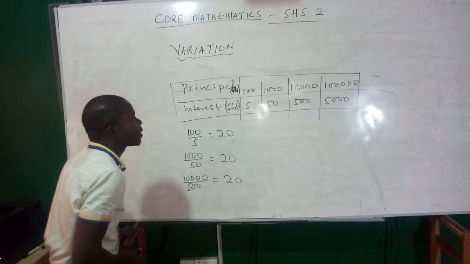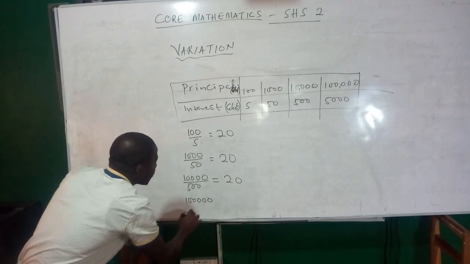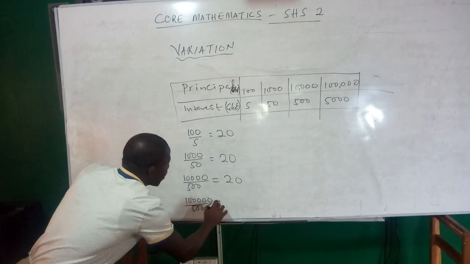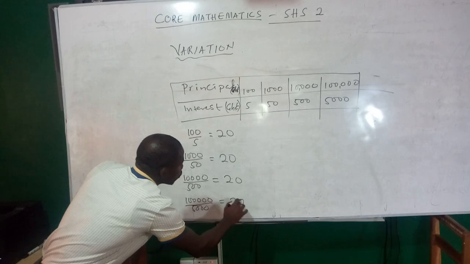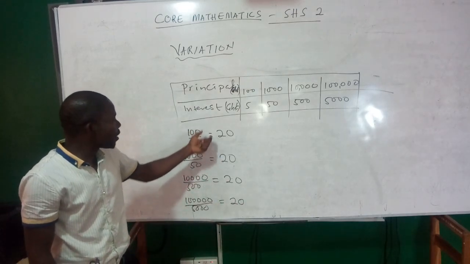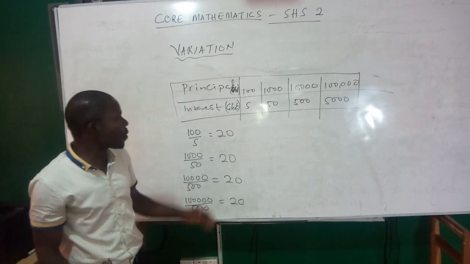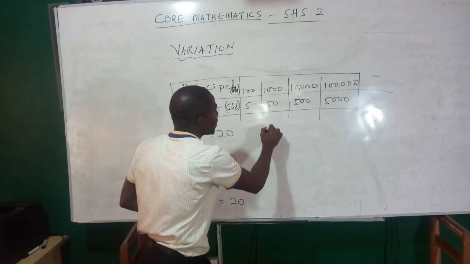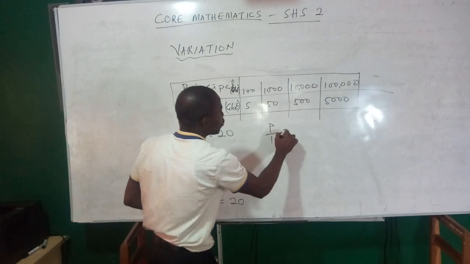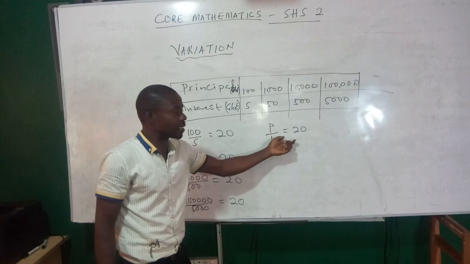And finally, from the table we have 100,000 divided by 5,000, and this is also equal to 20. So whenever we divide, we've seen that this 20 is constant throughout. So from here we can say that whenever we divide the principal by the interest, we are going to get 20, which is a constant value.